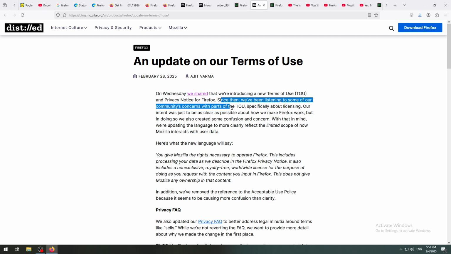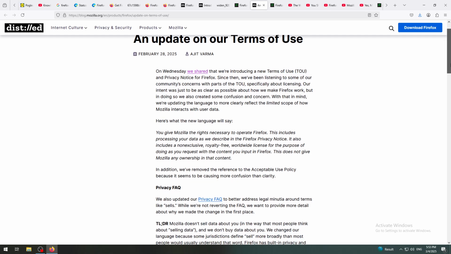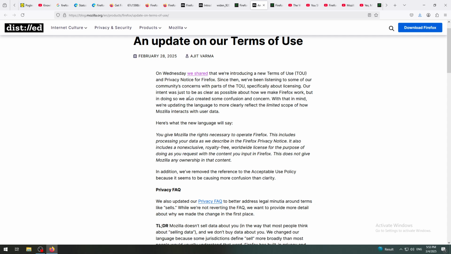That means people got angry, especially about licensing, and our intent was just to be clear, okay, right? But we also created some confusion and concern. It's not about confusion, it's more about concern, and people got angry. So this is very funny for me. With that in mind, we're updating the language. So read this again: with that in mind, we're updating the language.